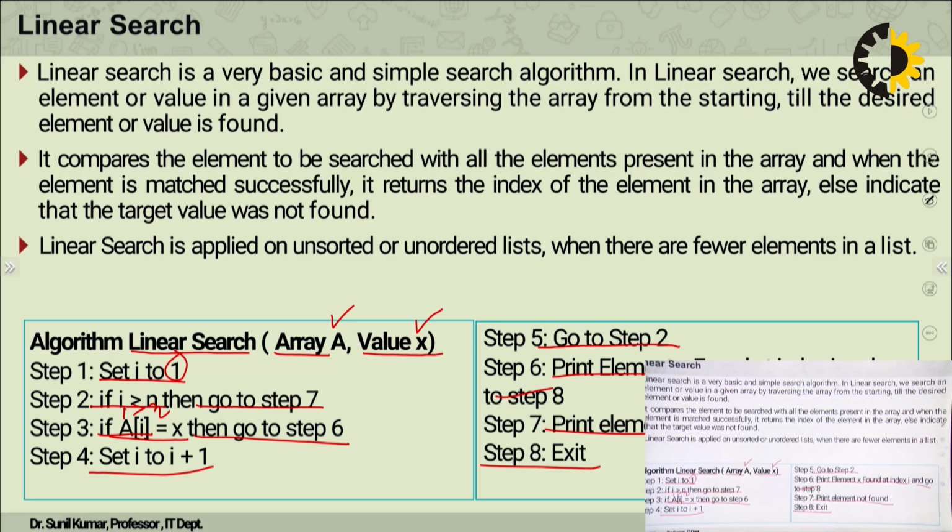Again, we will check if the value of I is greater than n, then we go to step 7, that is not found. If it is not, then A2 will be compared to the value of x, and the same process will be repeated again and again until there is a match or the value of I is greater than n, that is search is unsuccessful. So this is the algorithm, and based on this algorithm we will implement this in the C language.